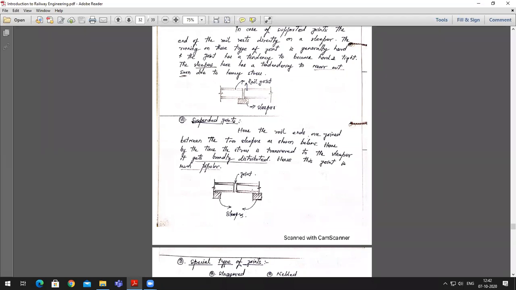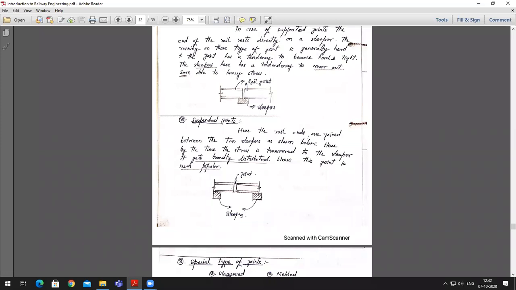Since you have a better distribution of stresses, because this being a joint section, it will induce much more elasticity in the system. The only thing is that you need to maintain the joint periodically, to a greater extent in this case.